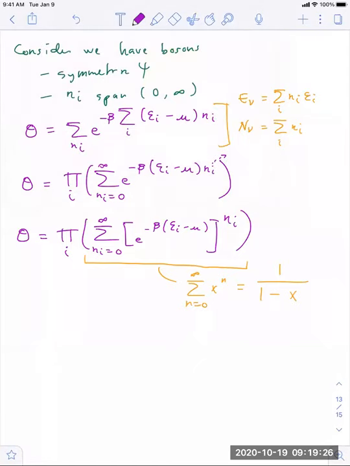So if I take what is x in this situation, my partition function then becomes the product, again, over all microstates i, of 1 over 1 minus x.